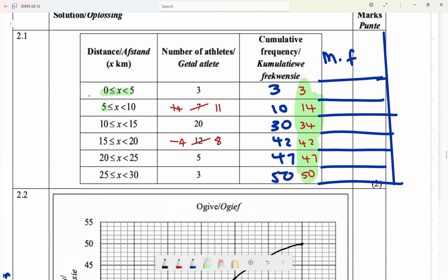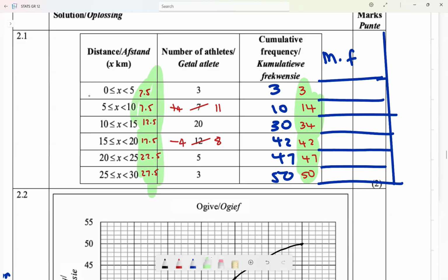It is the midpoint between these two values here. They say estimated mean, so the number between these two numbers: 0 plus 5 divided by 2 gives you 2.5, 7.5, 12.5, 17.5, 22.5, 27.5. That's that. And then these are what we're going to multiply.